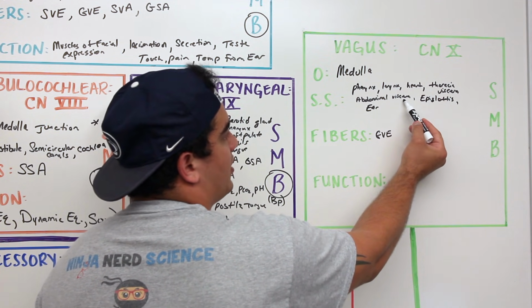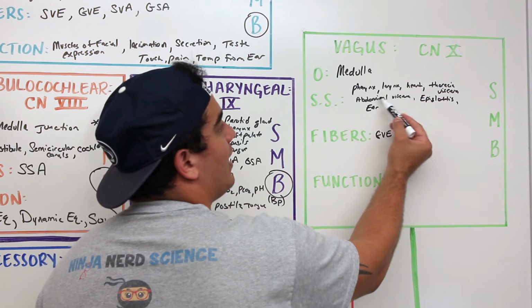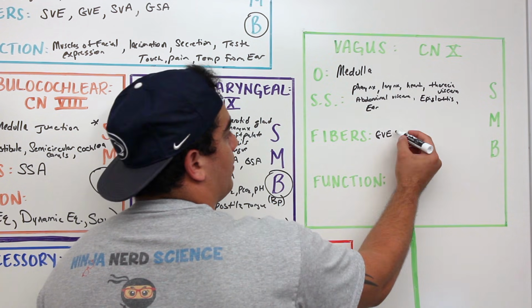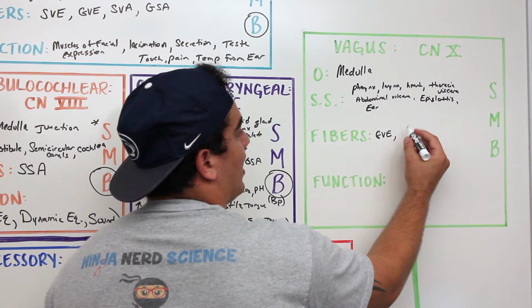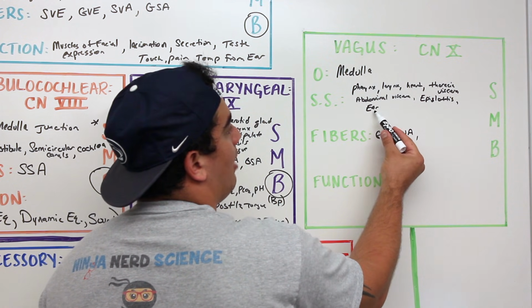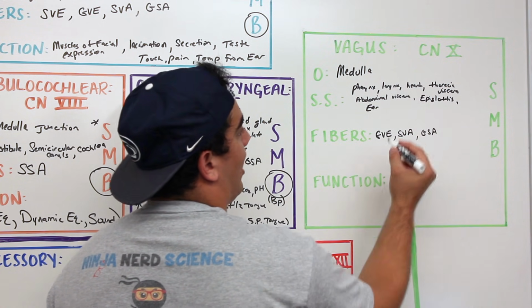So secretions of certain stomach acids, secretion of different types of mucus within an area, contraction of the actual small intestine or large intestine or stomach. It's also going to be controlling the taste around the epiglottis, so that's SVA fibers. It's also going to be picking up touch, pain, temperature from the ear, so that's going to have GSA fibers.